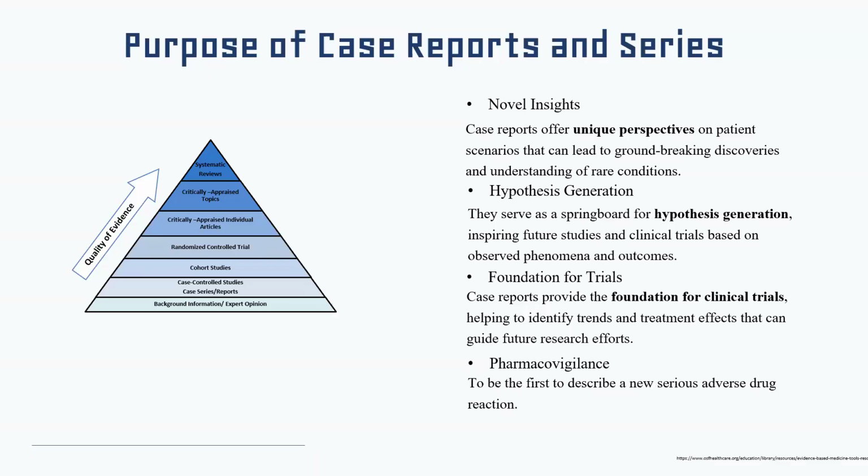As you can see here, they give us novel insights, that is, unique perspectives on patient scenarios that lead to groundbreaking discoveries. They help in hypothesis generation, which ultimately leads to the foundation of the trials. And very importantly for us, the PharmD, the clinical pharmacy community, they play an integral role in pharmacovigilance, that is, to identify real world adverse effects in different patient populations.